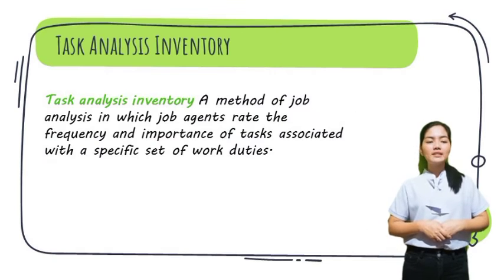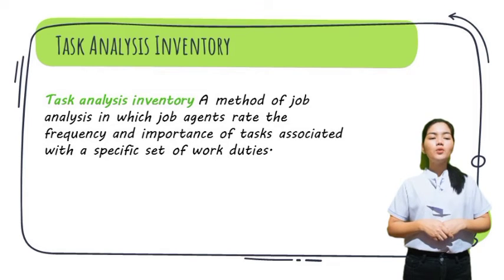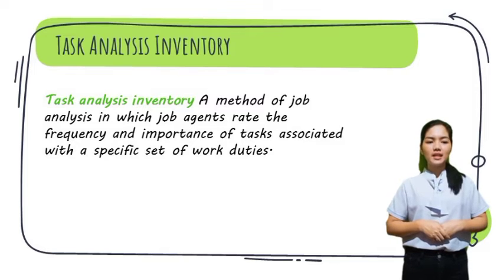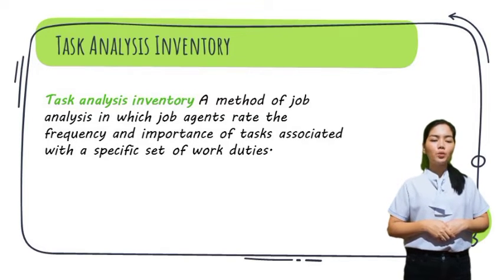So, task analysis inventory. The job agents provide ratings concerning a large number of tasks. Most analyses require responses for at least 100 different task statements. These task statements usually begin with an action verb that describes a specific activity.